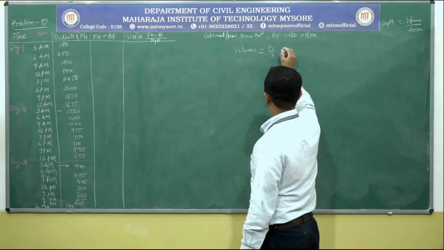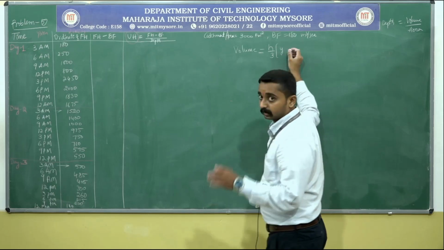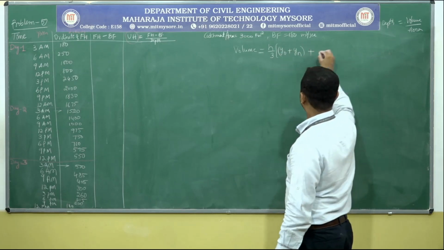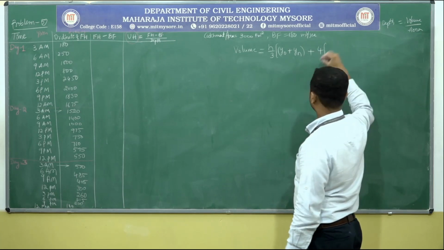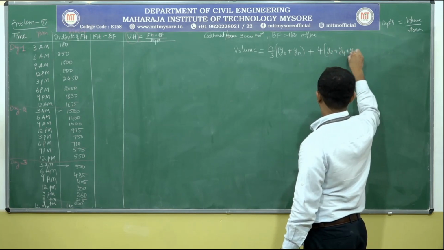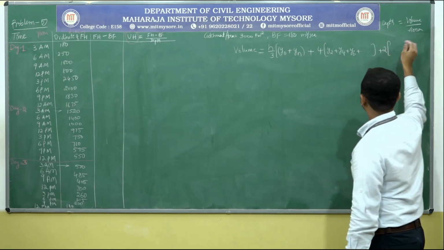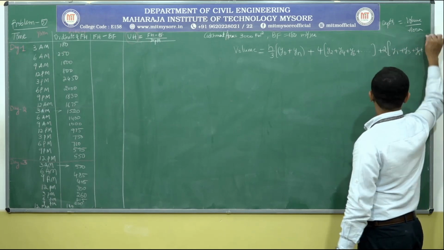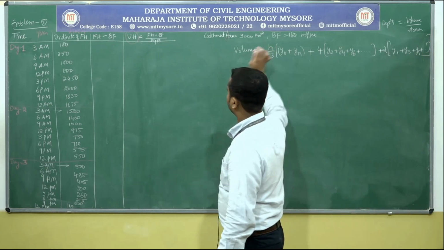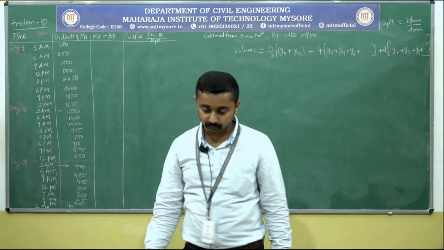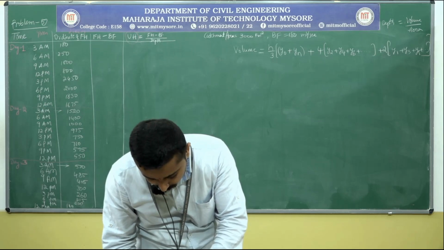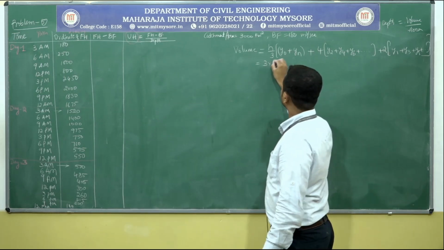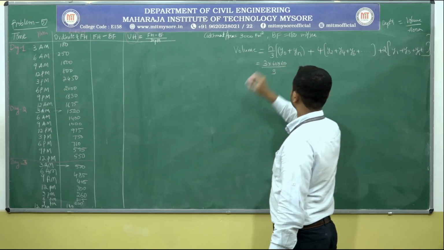Volume is equal to H divided by 3 into the initial ordinate y0 plus the last ordinate yn, plus 4 times the even ordinates y2, y4, y6, etc., plus 2 times the odd ordinates y1, y3, y5, etc. Here H value is 3 hours, given in the problem: 3 times 60 times 60 seconds.